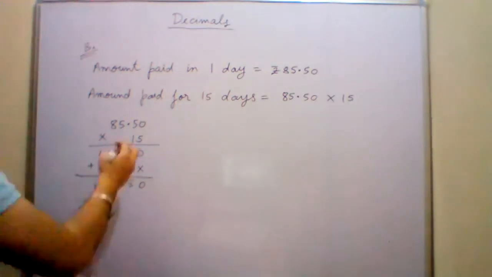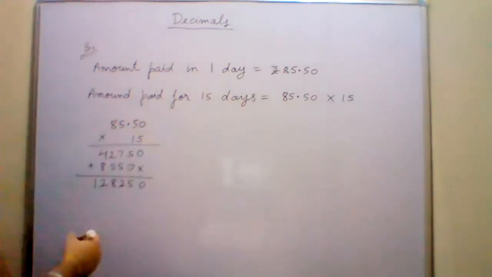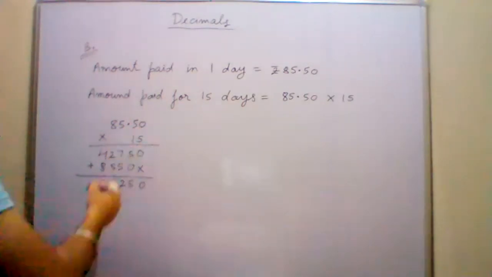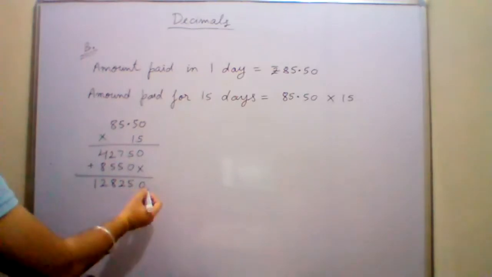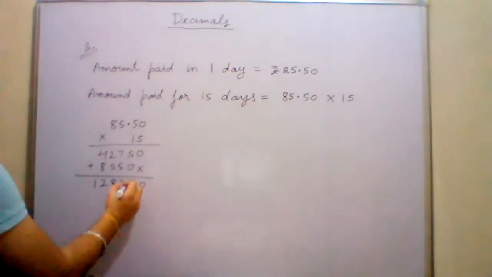So how many digits are there after decimal in the numbers? Only 2 digits after the decimal. So in the answer also you will leave 2 digits from the right and put a decimal.